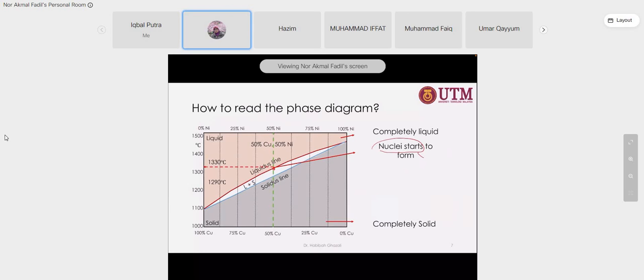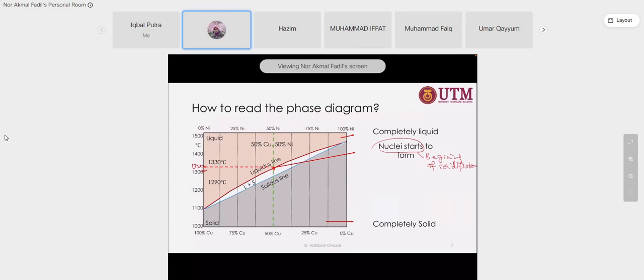That is the beginning of solidification. At this point, about 1,300 or 1,320 degrees Celsius, for example, solid will start to form. If you want to make it completely liquid, make sure the temperature is above this limit.